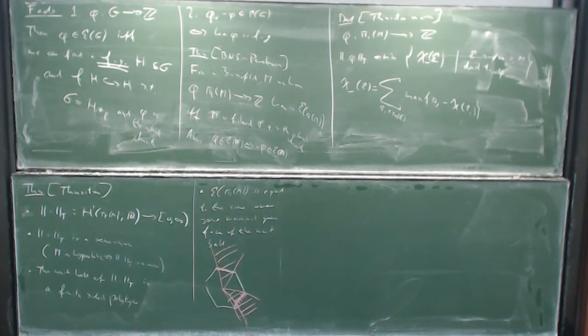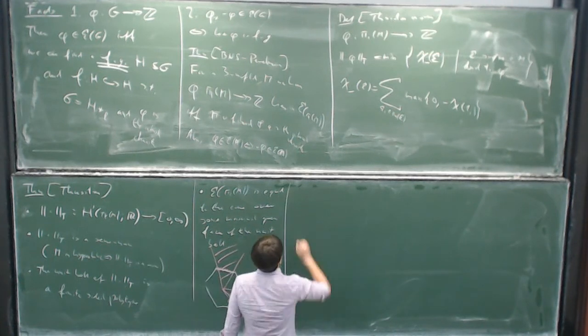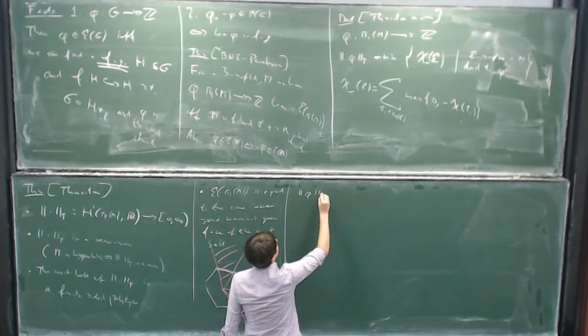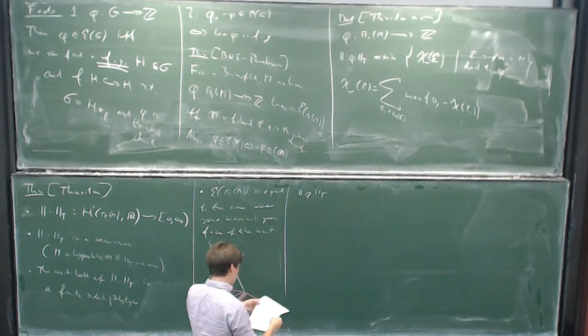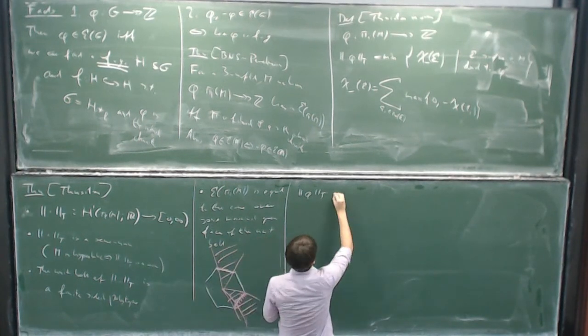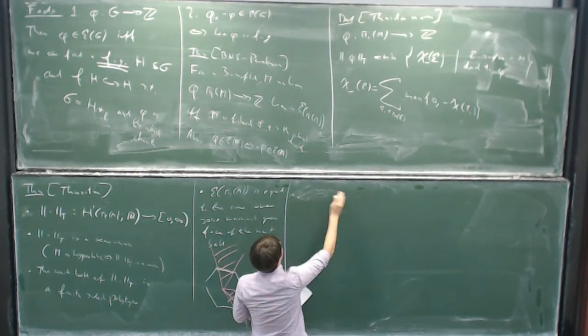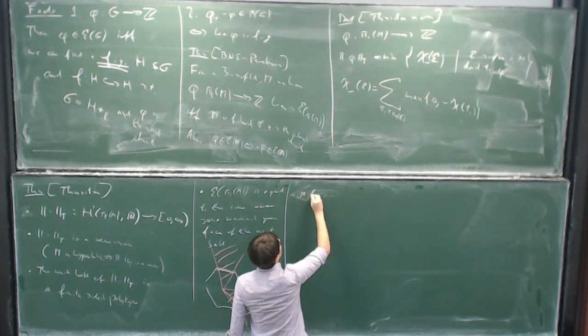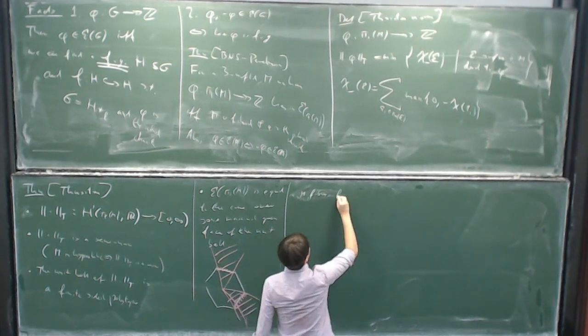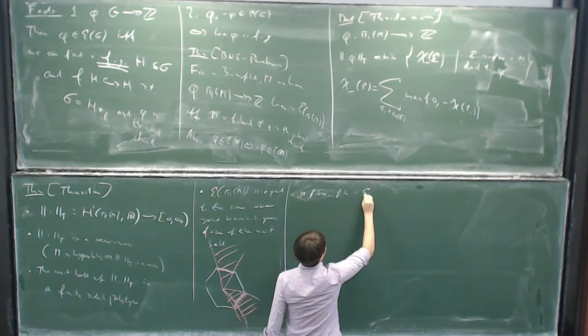So what else? Let's start again. Let's suppose that M fibers, and the fiber is some particular surface.